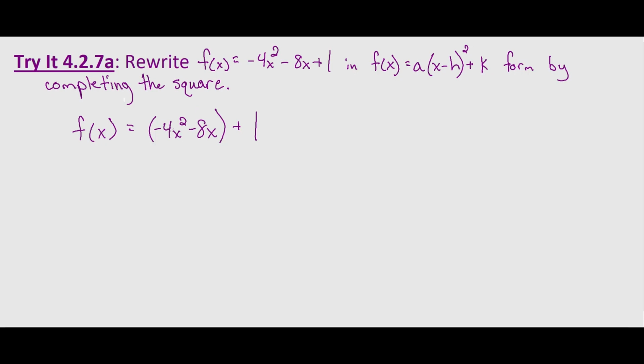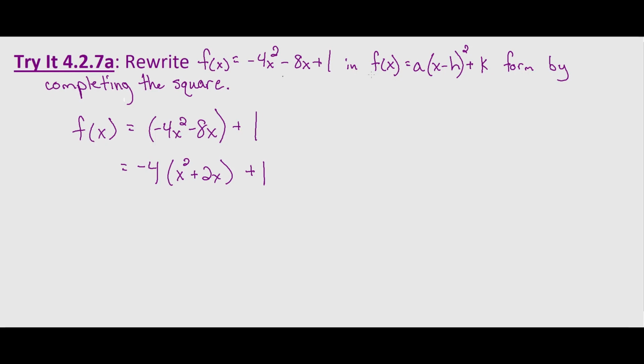Well, 4 and 8 are both divisible by 4, so that's a common factor. So we will factor out the negative 4. So negative 4 times x squared plus 2x. And again, we still have this plus 1.